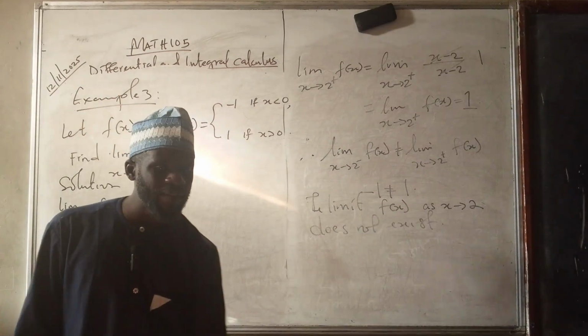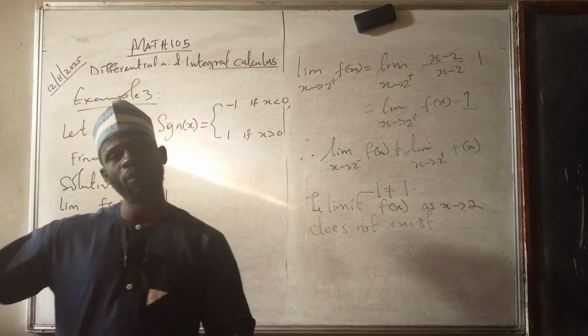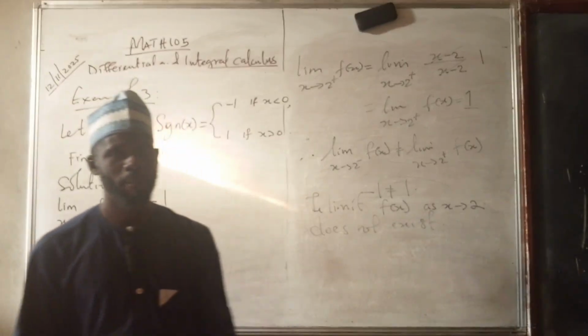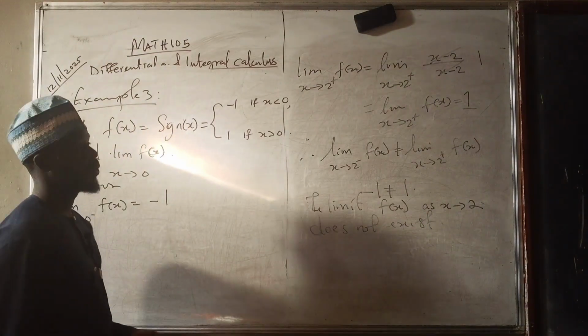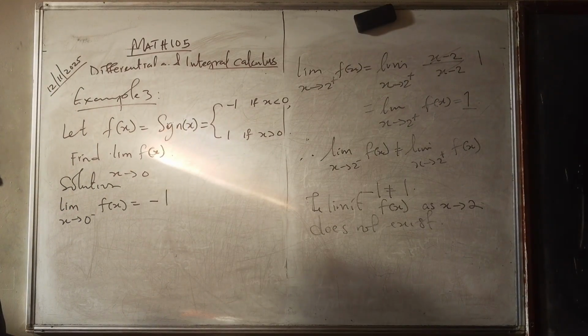For all negative values of x, the function will take minus 1, and for all positive values of x, the function will take plus 1. So it is known as the sign function.